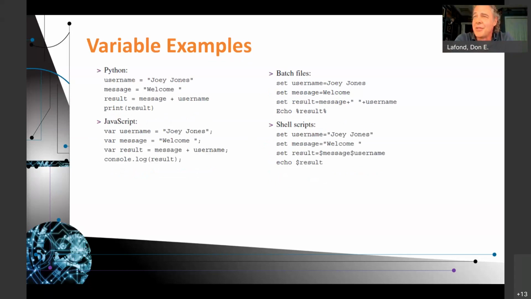I gave you an example there for numbers. Here are some scripts, and notice that you can add a username in Python. You can add a username Joey Jones, welcome, result, message, welcome Joey Jones, right?